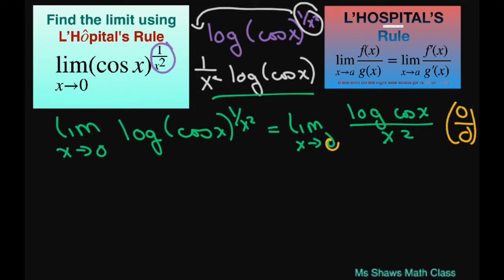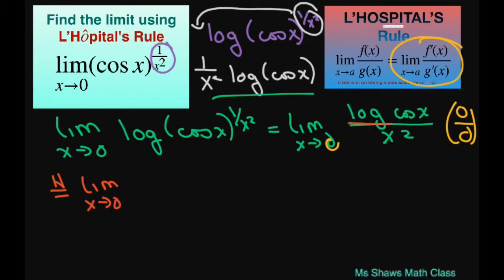So that means I can differentiate. Since it has this form, I can use L'Hopital's rule and differentiate the numerator and the denominator. So when you differentiate the numerator, what we're going to do is write this as h here. So you're going to write h for the limit, and the limit as x approaches 0.